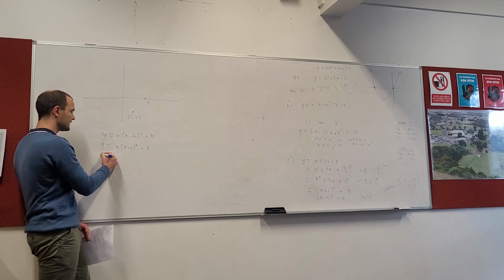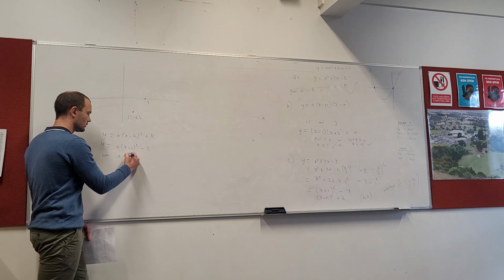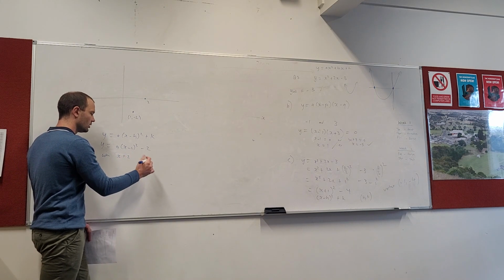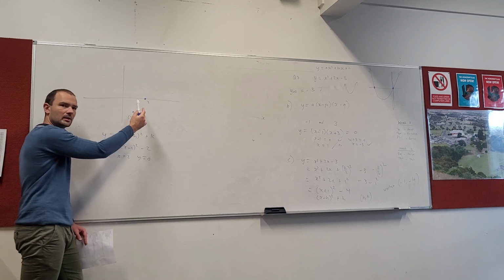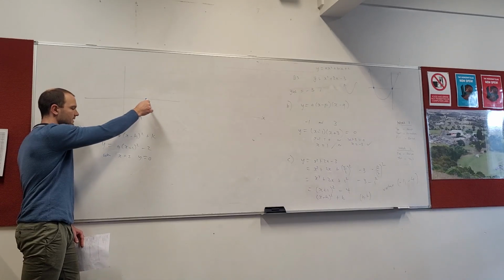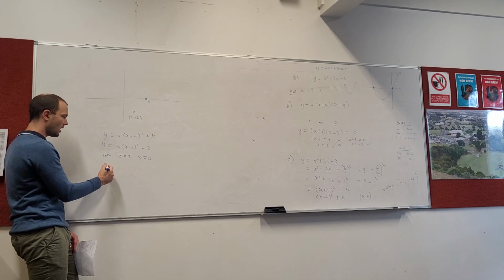We go when x is 2, y is 0. When x is 2, what's the y value here? Because it's a root, y is 0. So we put 0 where the y is.